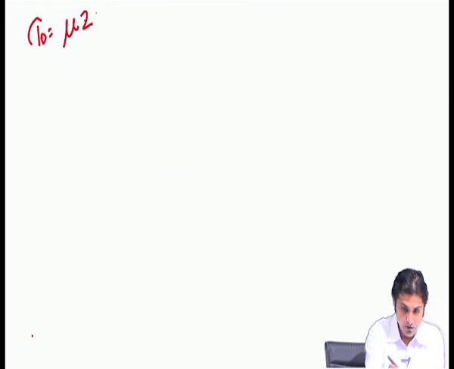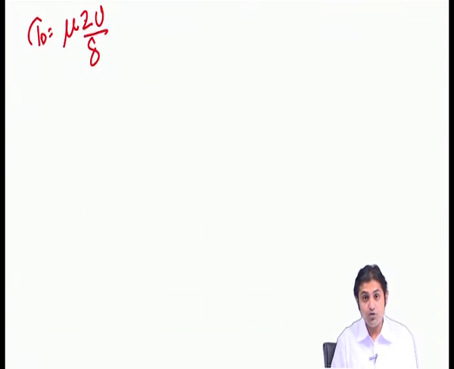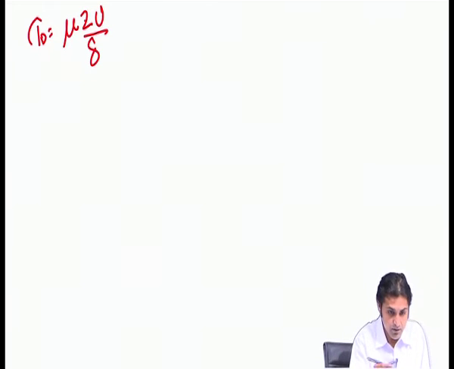All right. So for second, we know that tau is equal to mu 2U by delta, right? That is what it came to. Now it's a matter of just the substitution. Okay.